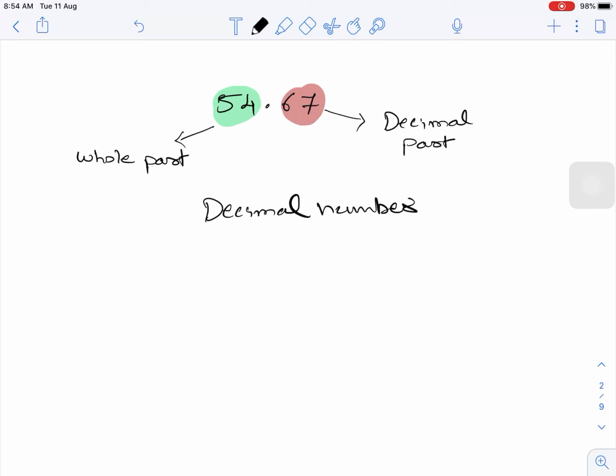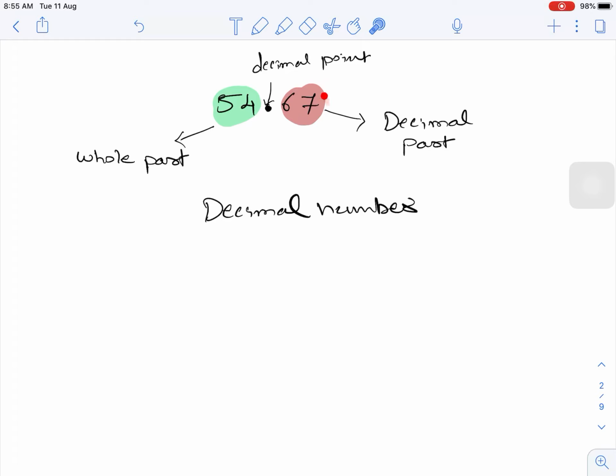So here we have seen up till now what are decimal numbers. The numbers which are expressed in decimal form, that is a point is present in the number. This one is known as decimal point. So a number which is expressed in decimal form is known as a decimal number.